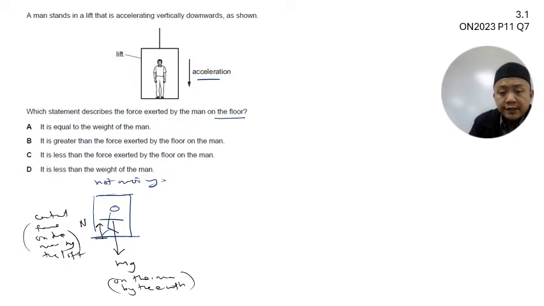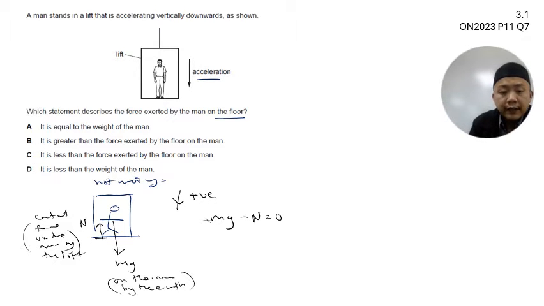Therefore, if we assume all downward forces are positive, the gravitational force on the man is positive mg, minus the contact force from the lift on the man, and this equals 0.